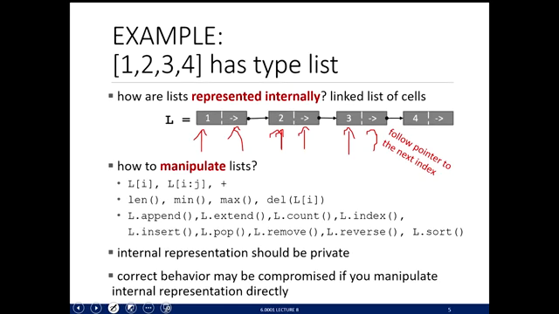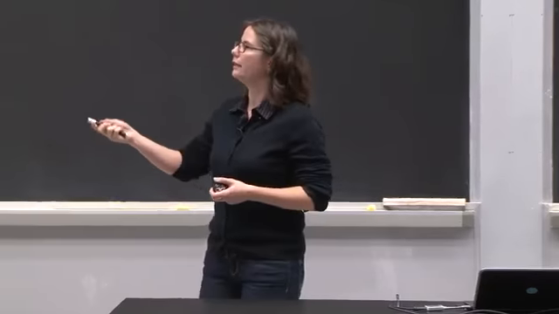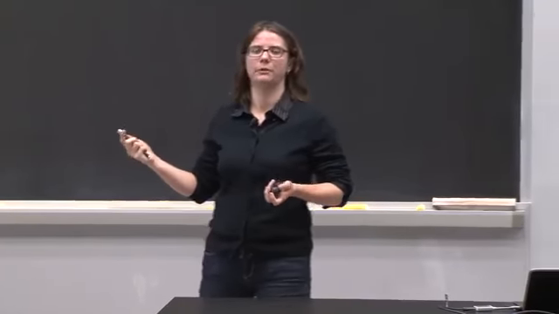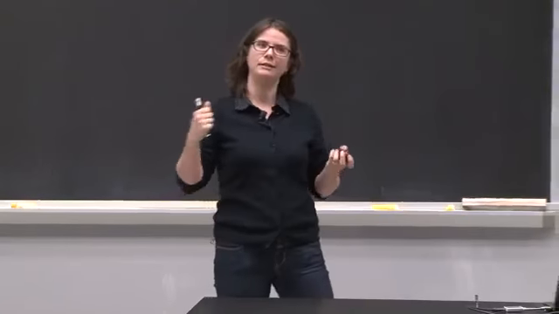Notice both of these, the internal representation and how you manipulate lists, you don't actually know internally how these are represented. How did whoever wrote the list class decide to implement a sort? We don't know. You also weren't aware of how these lists were represented internally, and you didn't need to know that.